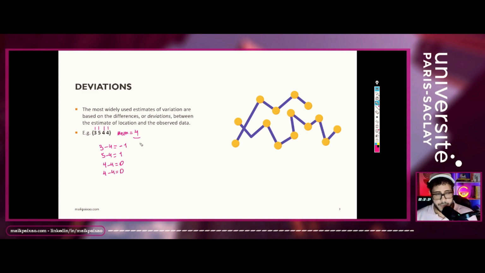So here we have the calculated deviations, that is -1, 1, 0, and 0. And we have a challenge here, that is basically to estimate a central value from these calculated deviations.